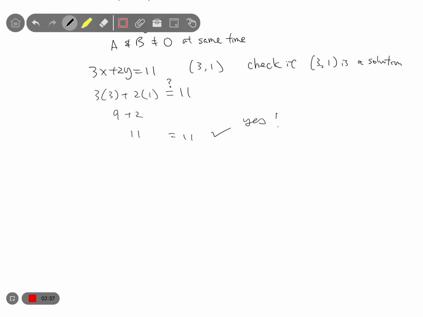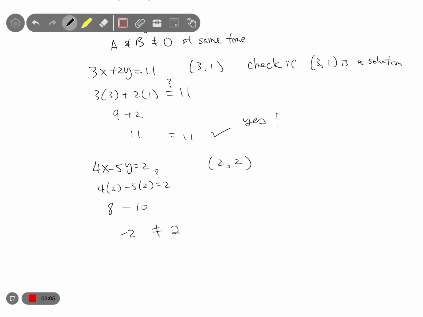Now the second problem. We got 4x minus 5y equals 2, and we want to check if (2, 2) is a solution to the equation. Again, plug it in. So 4 times 2 minus 5 times 2 equals 2, hopefully. Again, question mark because I'm not sure that's true or not. So 8 minus 10. Now 8 minus 10 is definitely not 2, because 8 minus 10 is negative 2.